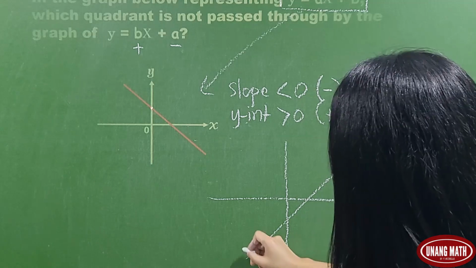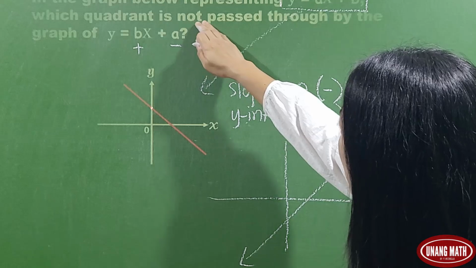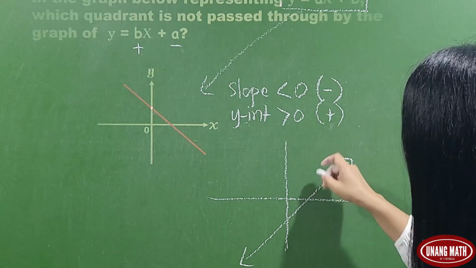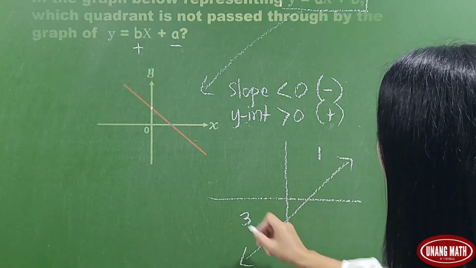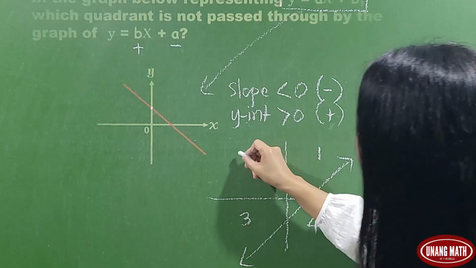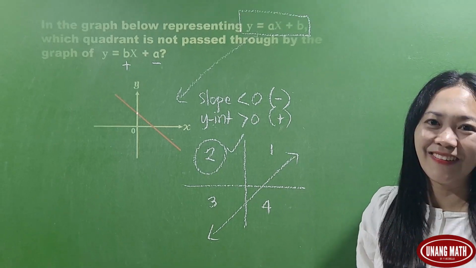So the graph looks like this. The question is, which quadrant is not passed through by this graph? This graph passes through the first, the third, and the fourth quadrants. So the answer would be the second quadrant.